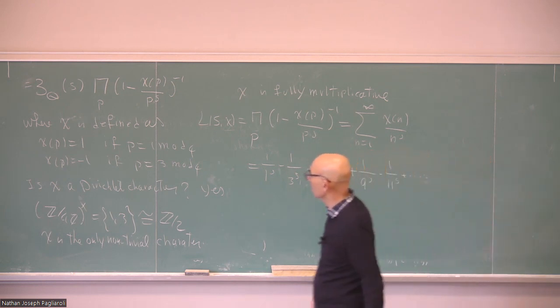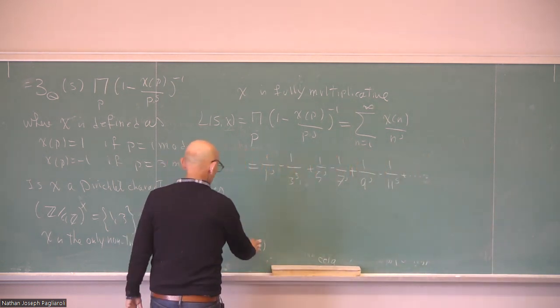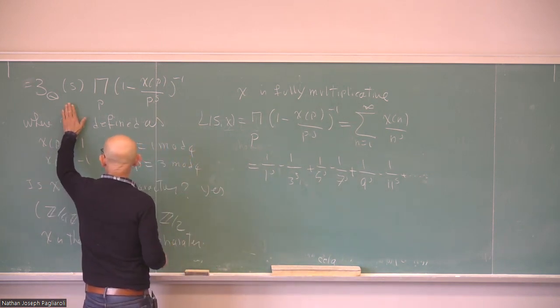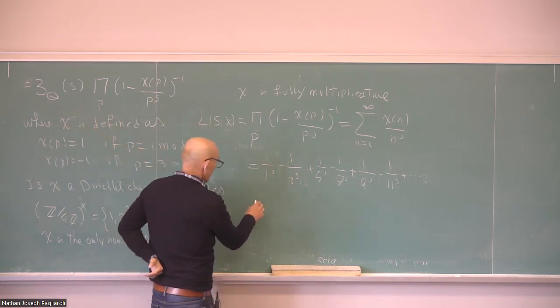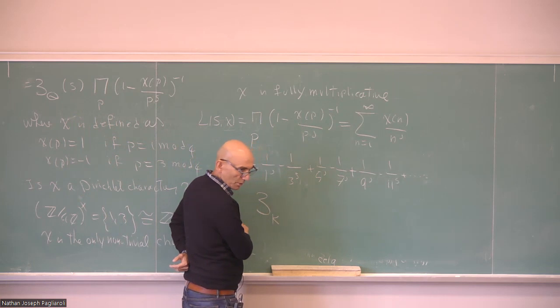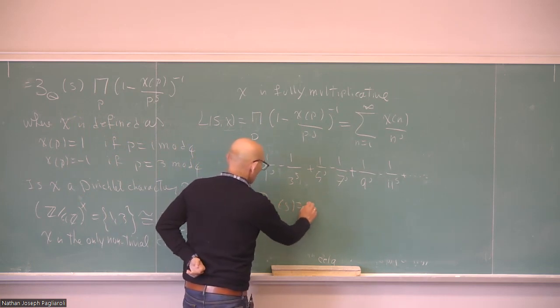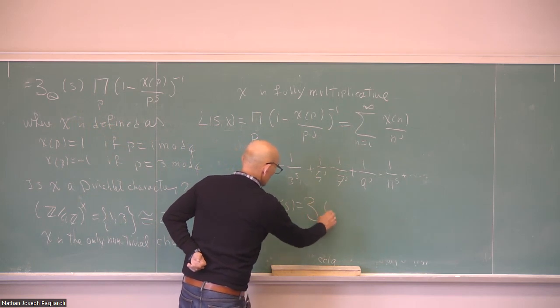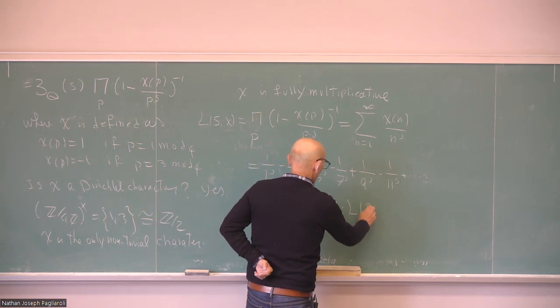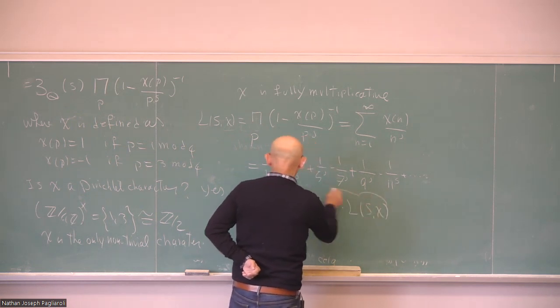So what we discovered so far is that the zeta function of our number field, the Gaussian rationals, at s is equal to zeta_Q of s times L of s and chi.